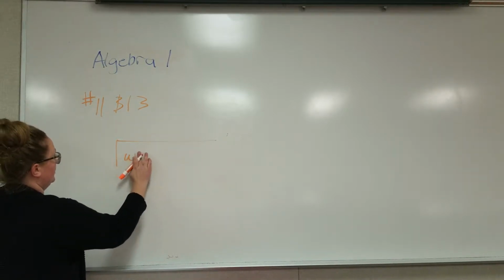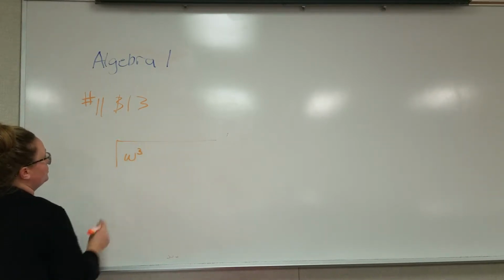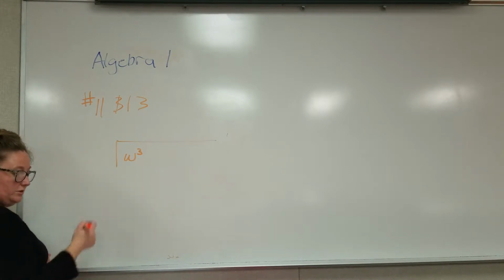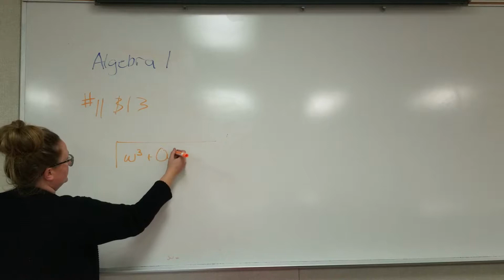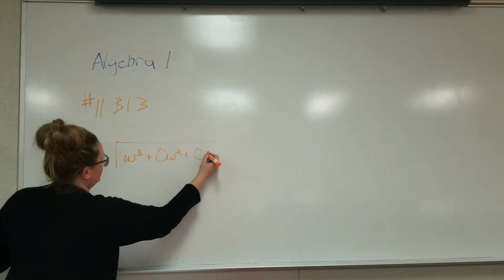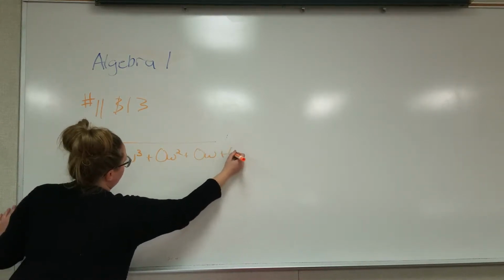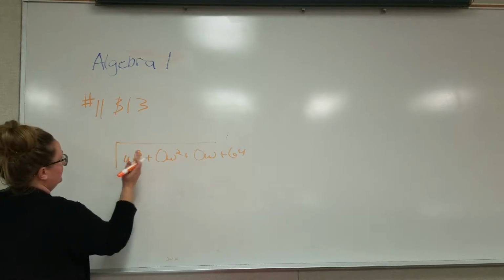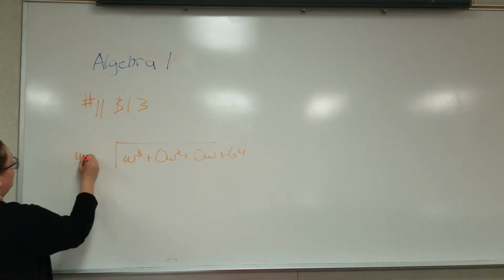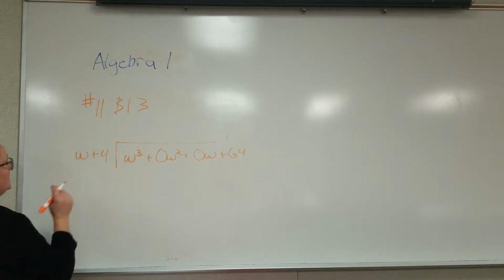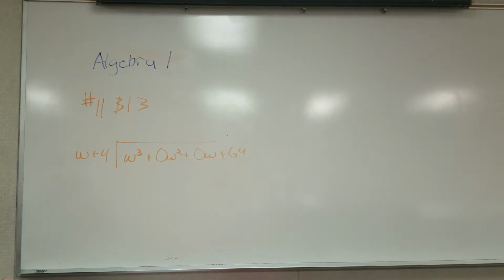So if you're missing one, you have to put in placeholders. So here we're going to put a 0w squared plus 0w, and then we can put the 64. So if you have 3, you have to have 2 and 1. And you have to divide this by, it says 4 plus w, but we need the w first. So we're just going to switch it around to w plus 4.